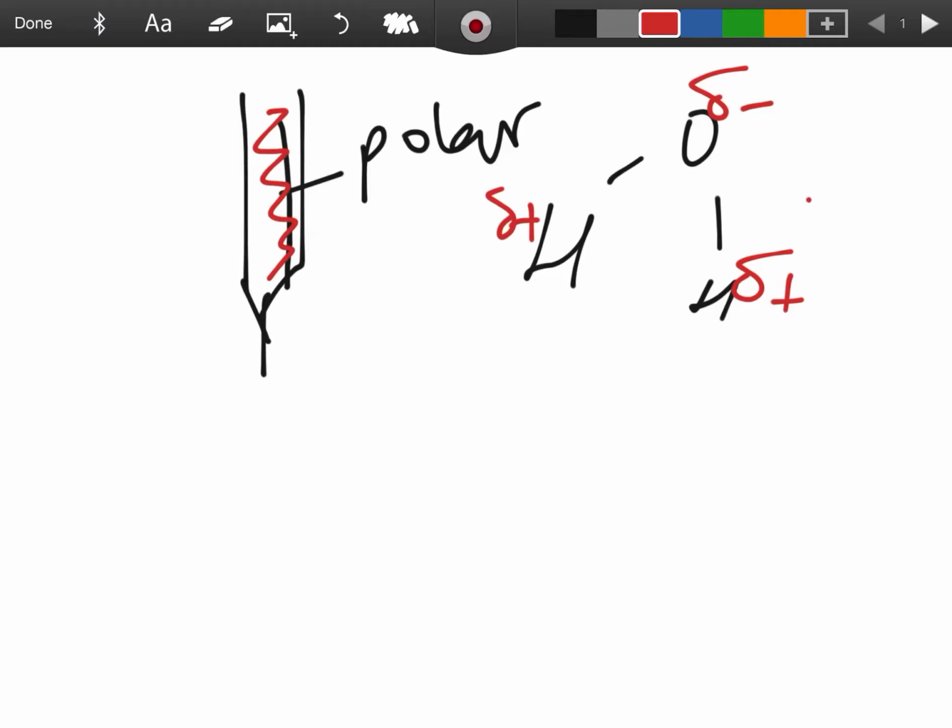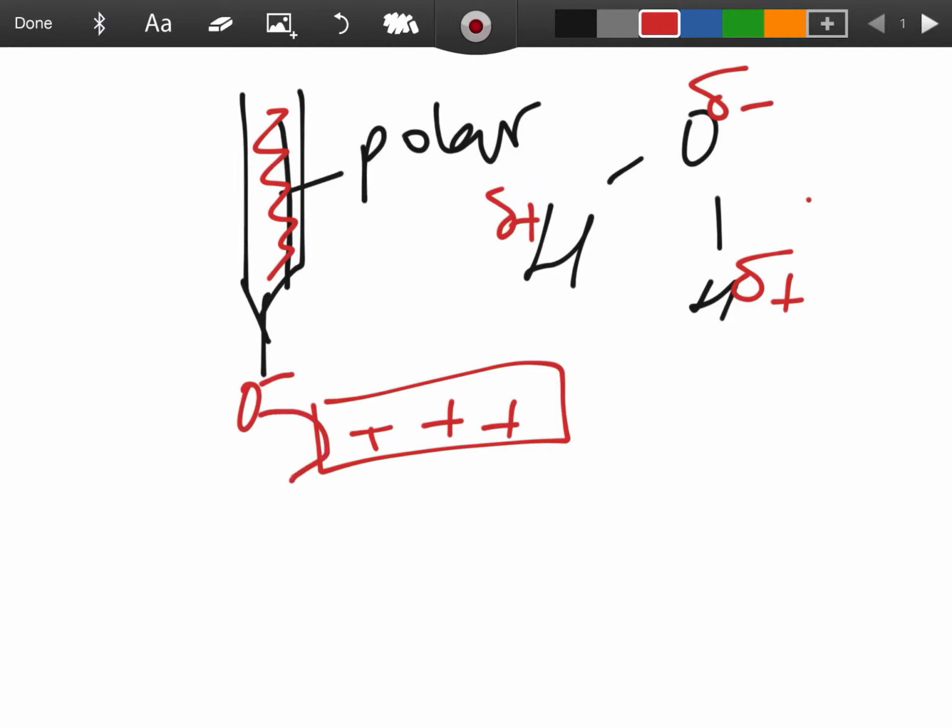If you bring a charged rod, it doesn't matter what charge the rod is. If the rod is positively charged, the negative oxygens in the water are attracted to the rod. If the rod was negatively charged, the positive hydrogens in the water are attracted. So you have to say that the water is attracted to the rod because, regardless of the charge on the rod, you will have opposite charges in the water that will attract to that rod. That's all you need to say there.